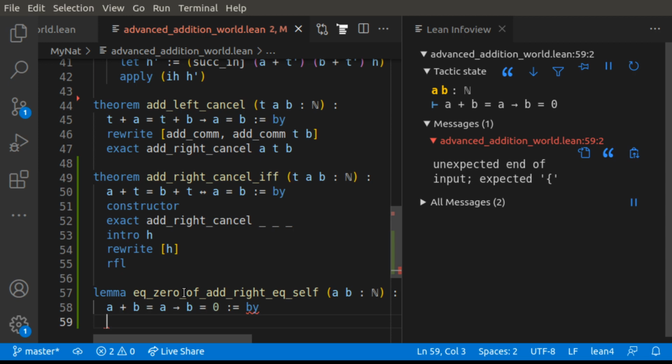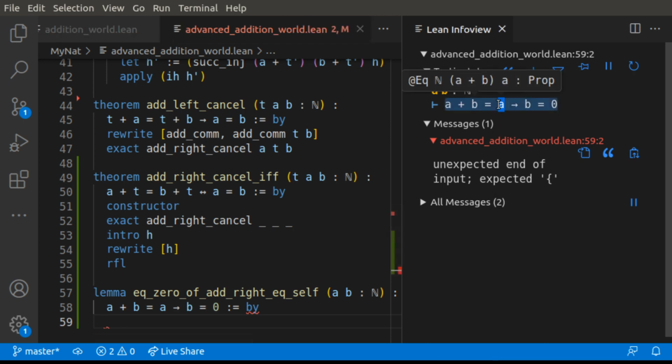Okay, a + b = a. Okay, I have an idea how to do this. I want to turn this a into a + 0 and then use my add_right_cancel rule.